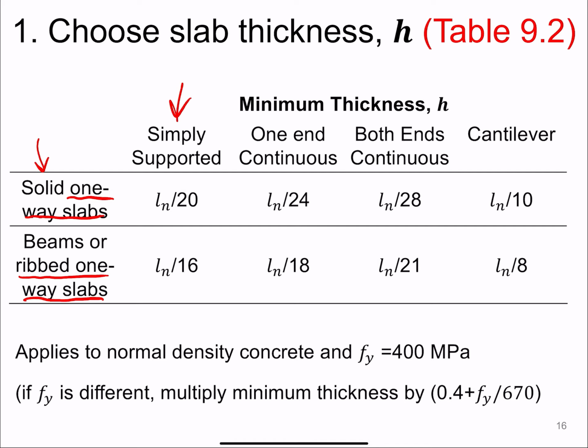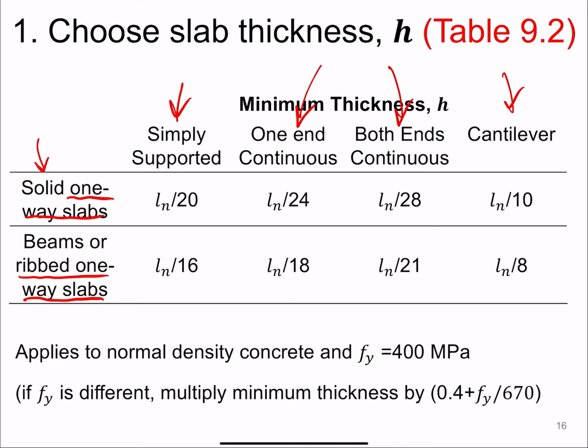One end continuous, and the other simply supported, of course. What about the span that has both ends continuous, and what about the one-way slab that acts as a cantilever? Those are the minimum thicknesses in table 9.2 that you could use.